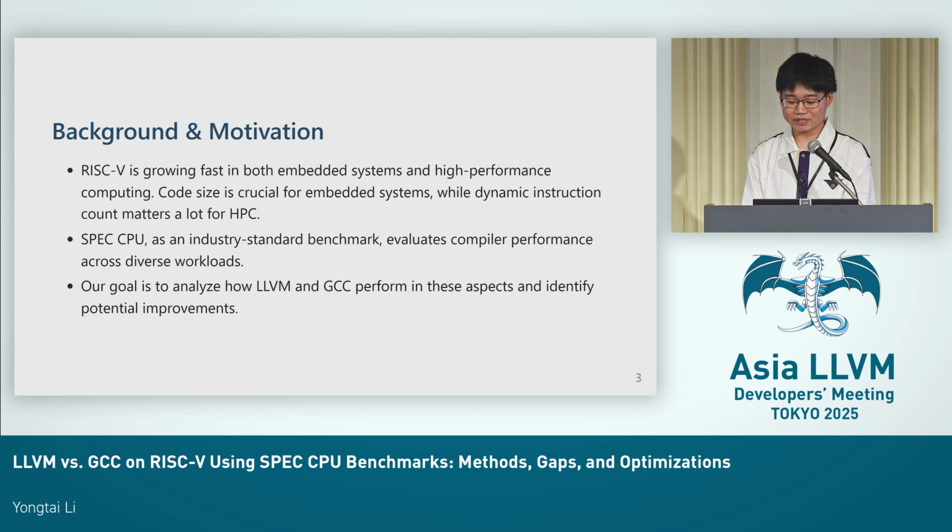For high-performance computing, reducing dynamic instruction count directly enhances throughput and performance. SPEC CPU is a well-known benchmark suite. It includes different types of programs that help us compare how LLVM and GCC perform. Next, I will explain how we conduct our test.